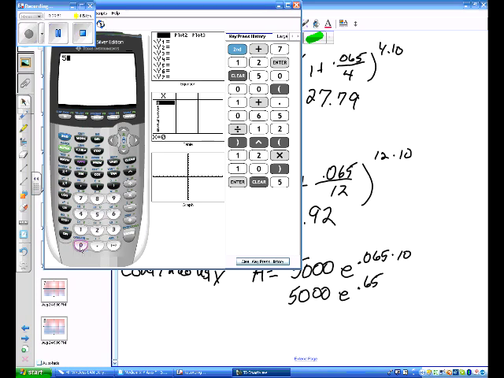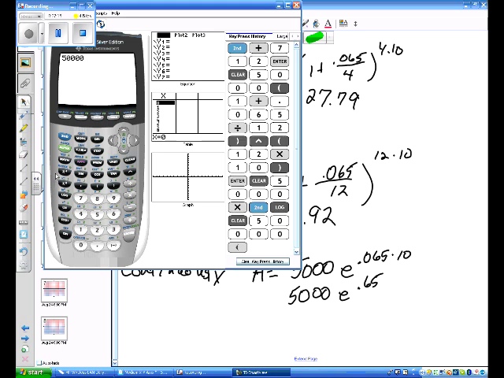so 5,000 times, okay, it's e raised to, and I keep trying to put in too many zeros.